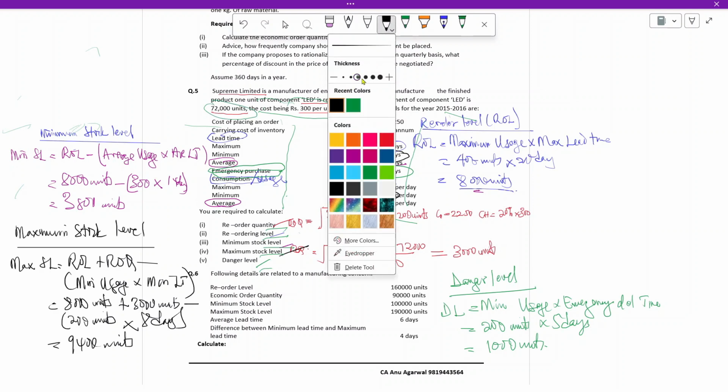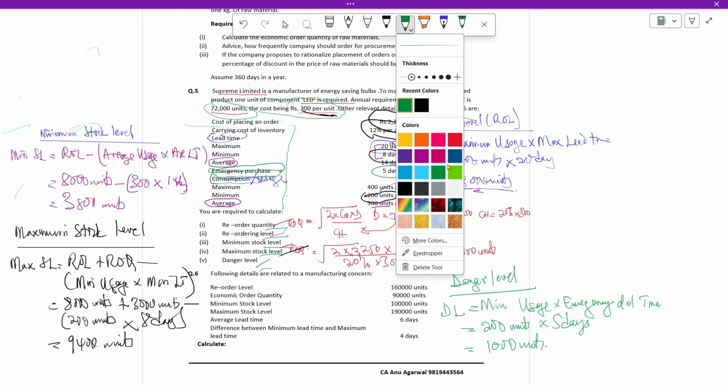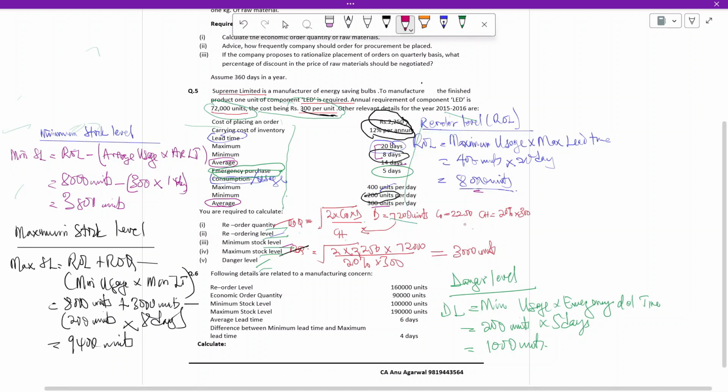The cost of ordering has been given as 2250 and the cost of holding has been given as 20% per annum. So we multiply 20% by the 300 cedis. So we look at the details.